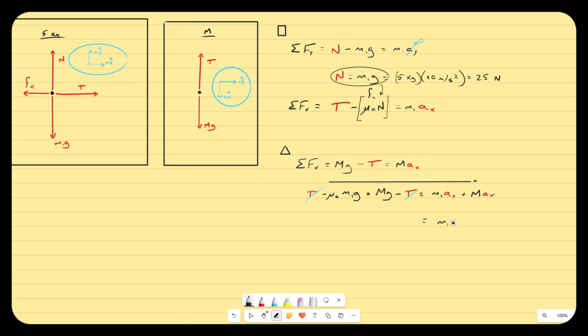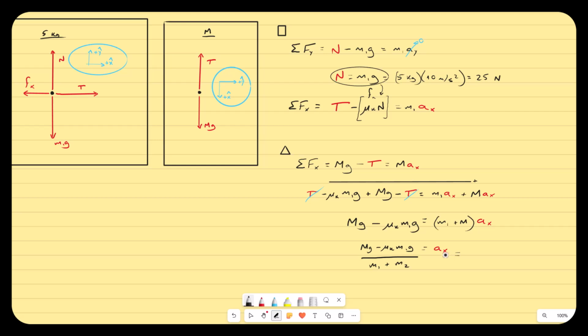I'm going to factor it out like I always do. And over here, I'm going to be left with, I'm just going to write the positive one first, mg minus mu k m1g. Solving for acceleration, I get mg minus mu k m1g over m1 plus m2.